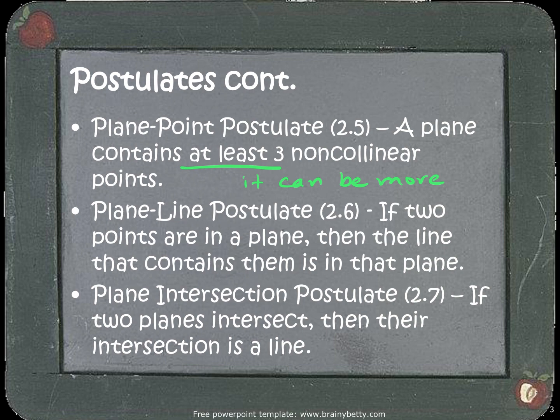The next one is called the plane line postulate. And this one states if 2 points are in a plane, then the line that contains them is in that plane.